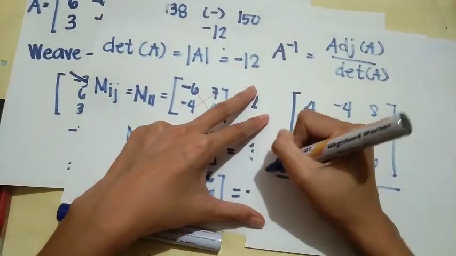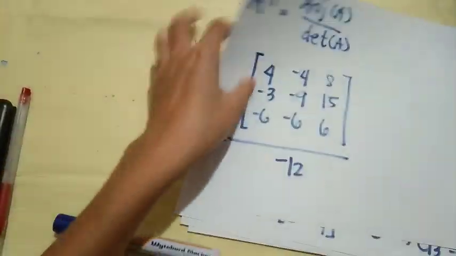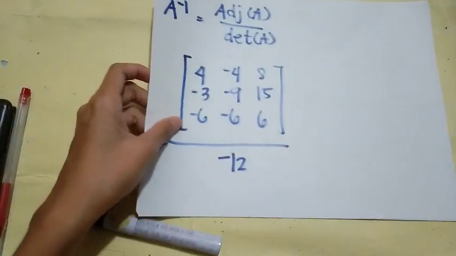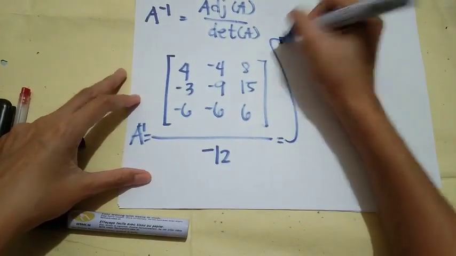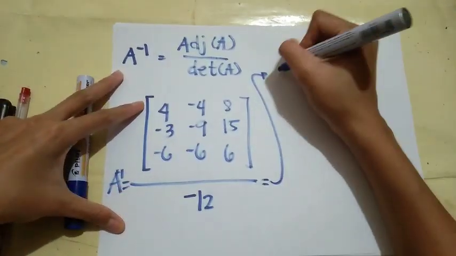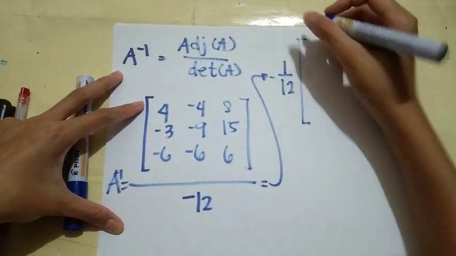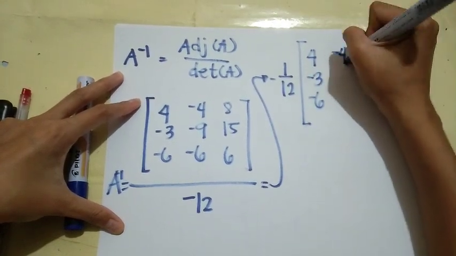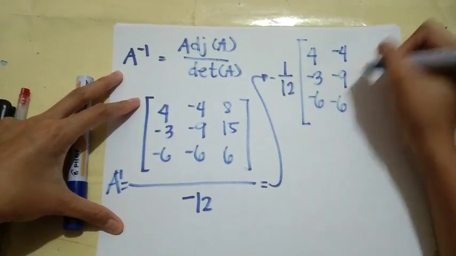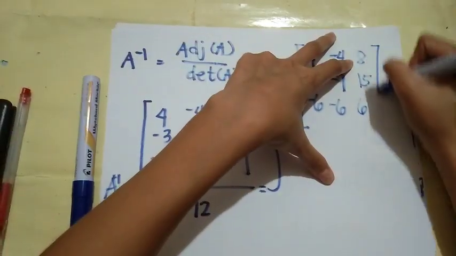So this is going to find the inverse now. This one will also look like this: negative 1 over 12 times 4, negative 3, negative 6, negative 4, negative 9, negative 6, 8, 15, 6.